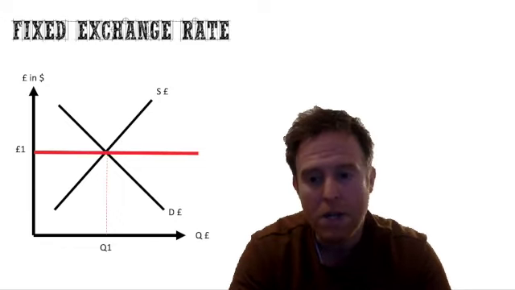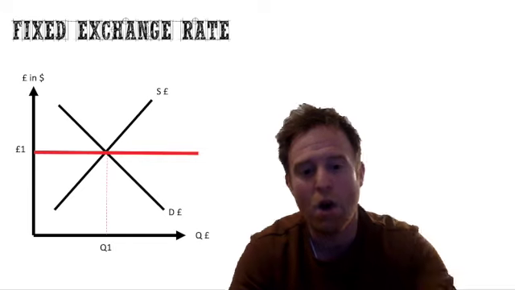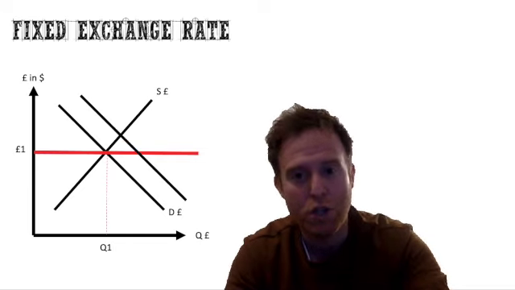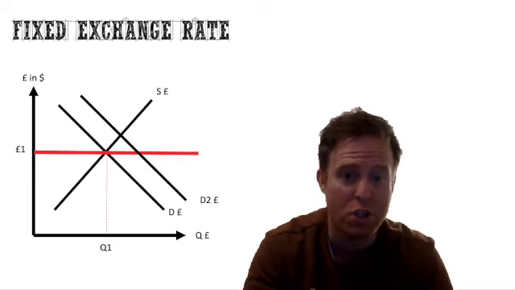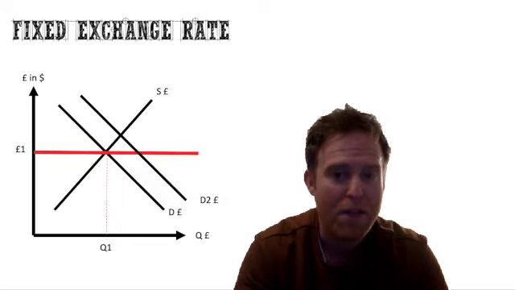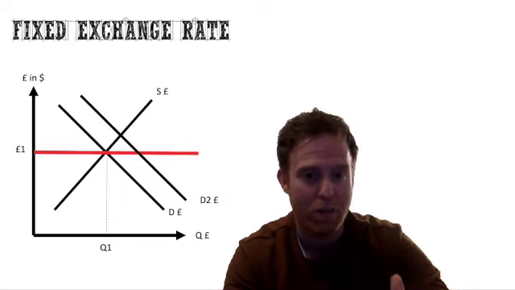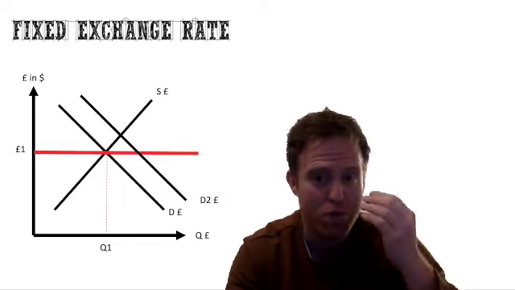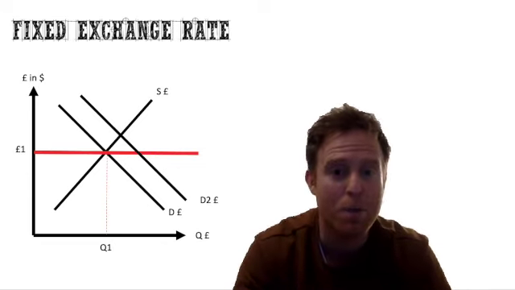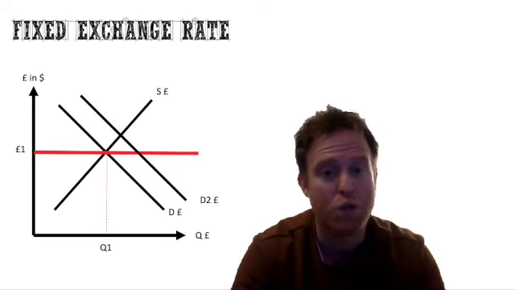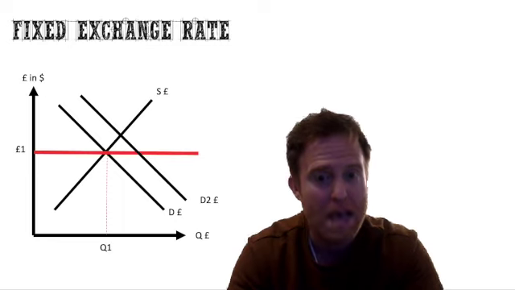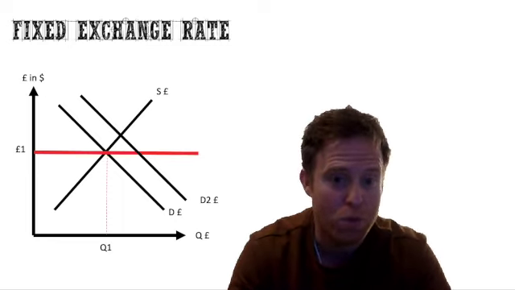Now, let's imagine that something happened and it appreciated the UK pound. That is now away from the fixed rate, so the central bank needs to intervene to try and bring it back to that fixed rate. What the central bank uses is reserves.